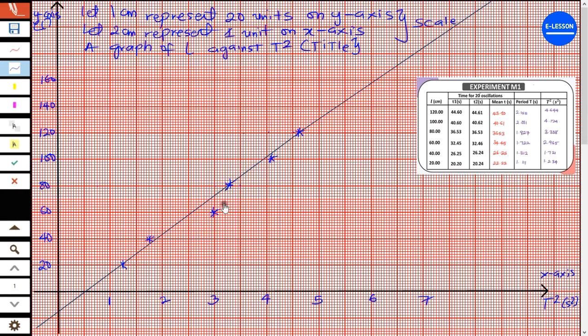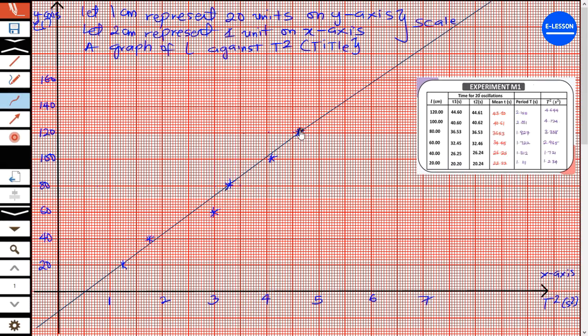Now, having done this, the next thing we are going to do is take our slope. What I usually do for slope is I just take 2 points on the graph and take them as my slope. So if I decide to take here as my slope, but that's not where I want now.